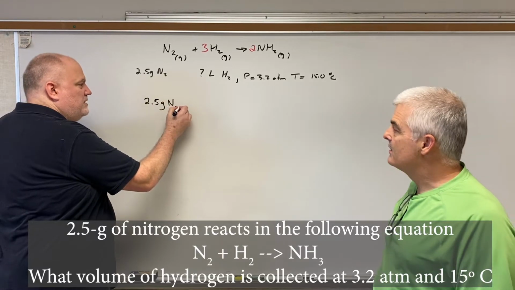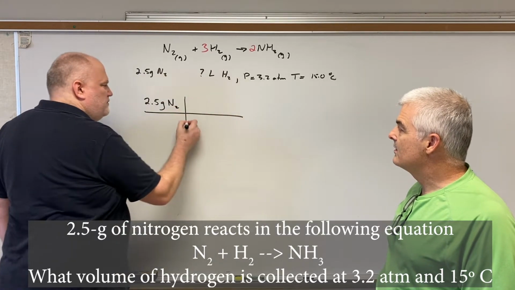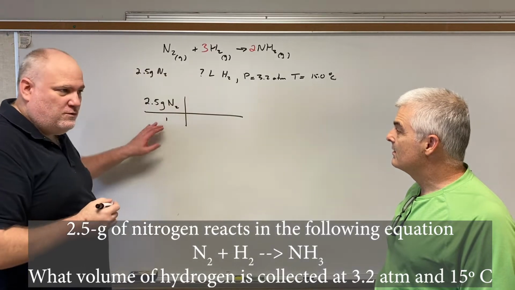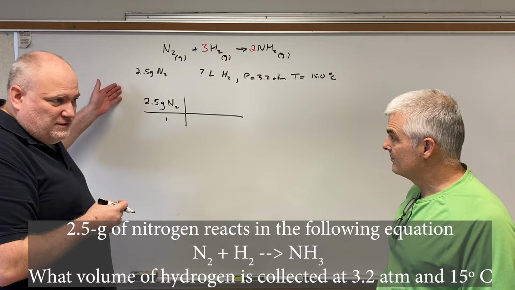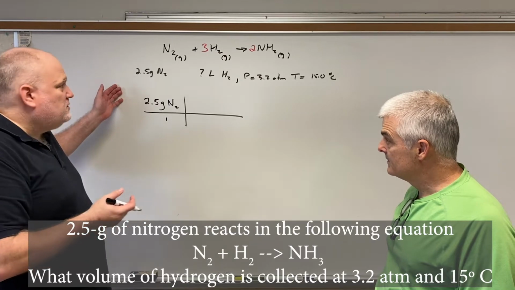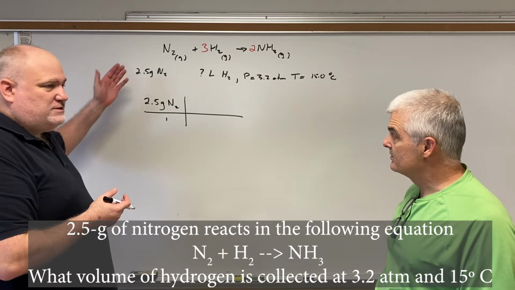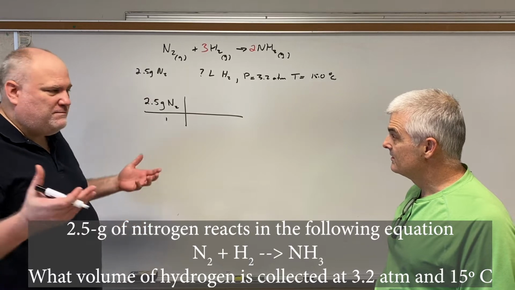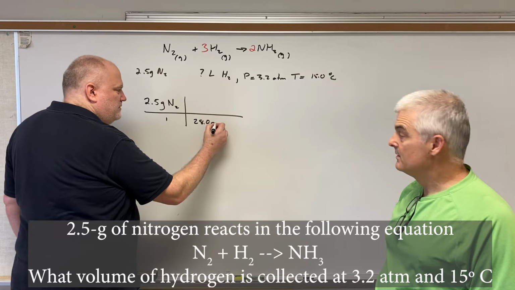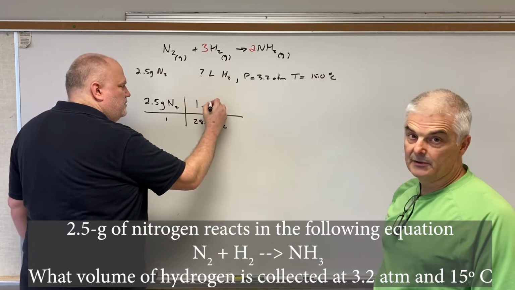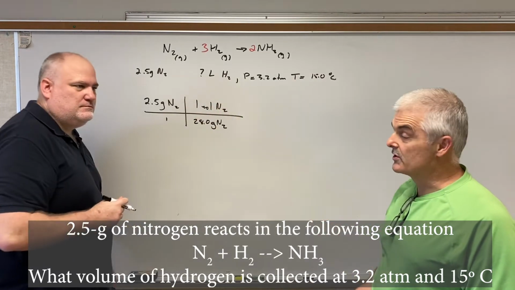When we do this, it might be helpful to set up your train tracks in advance, so we know where we're starting from and where we're going to. If you take a look at your table, we're starting at grams on the far left side, so our first thing has got to be grams to mole. We're pretty proficient with that. There's 28.0 grams of N2 for every 1 mole of N2, and I got that from the periodic table. N weighs 14 times 2.